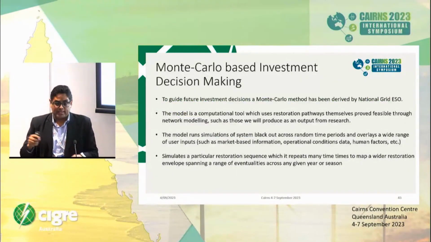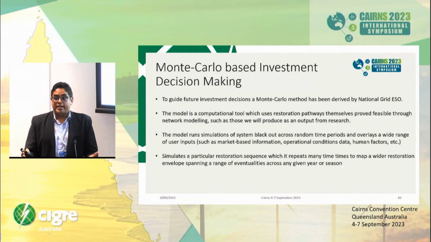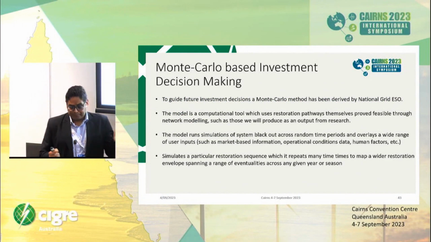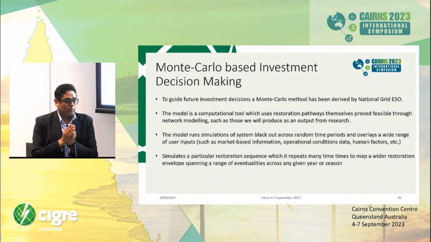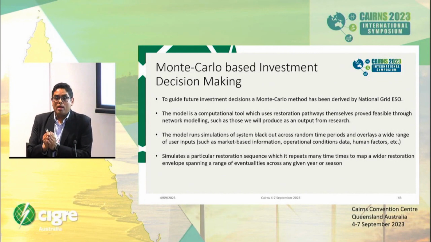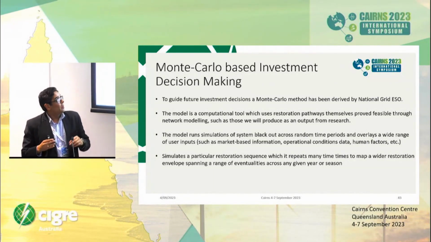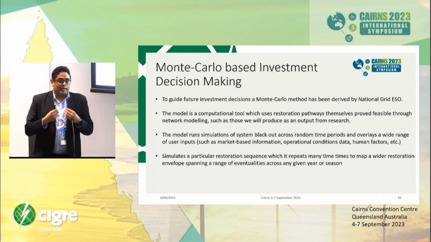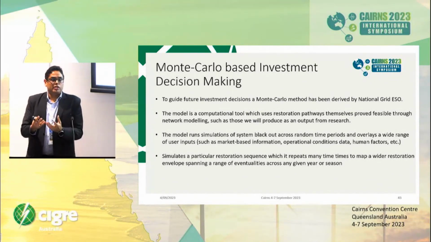One big disclaimer: these are just a few representative planning tools, not the only planning tools you can use. We collected some of them based on participation in the technical brochures, and some will be presented here. The first one is from National Grid ESO, where they use Monte Carlo based investment decision making. They incorporate probabilistic, risk-based methods in restoration planning.